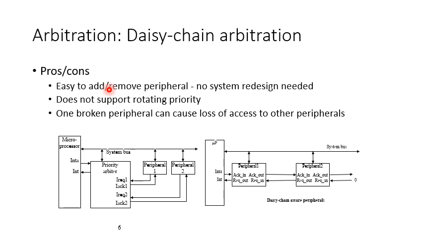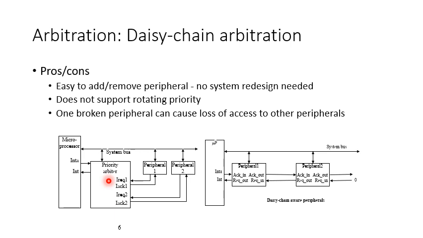It is easy to add or remove peripherals with no system redesign. For example, if we have hundreds of peripherals connected to the system, we can directly add or remove them. We do not require any system design, whereas in priority based arbitration we must redesign the system, as we are going to use a priority arbiter.